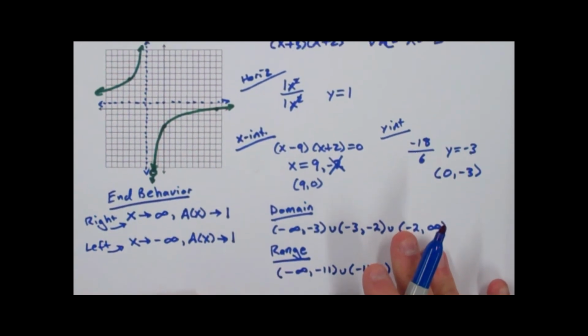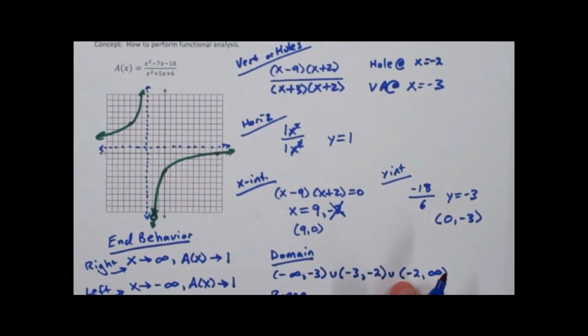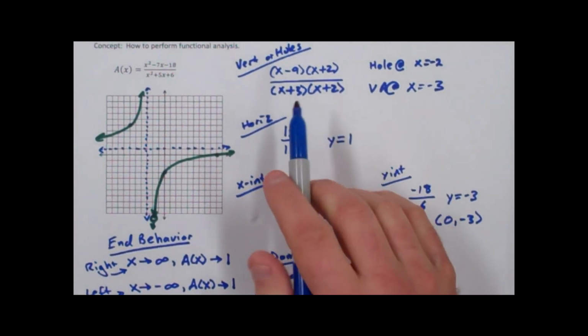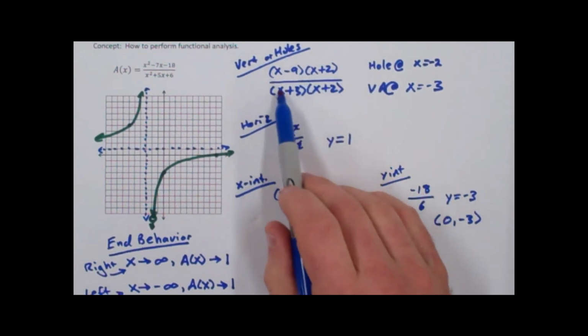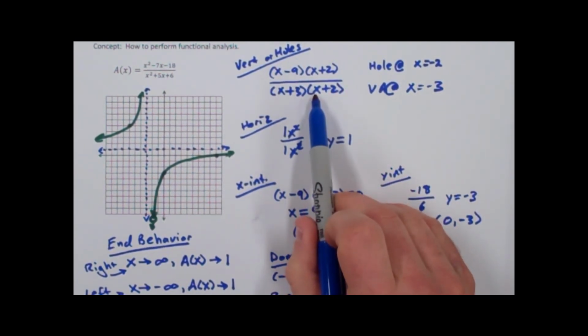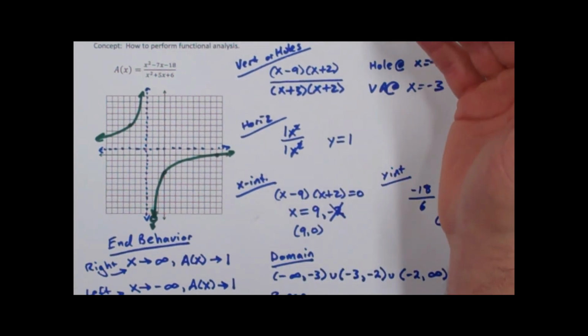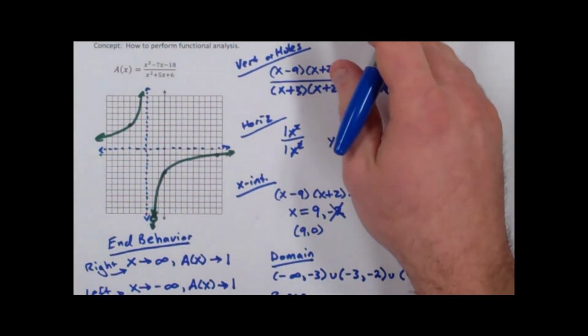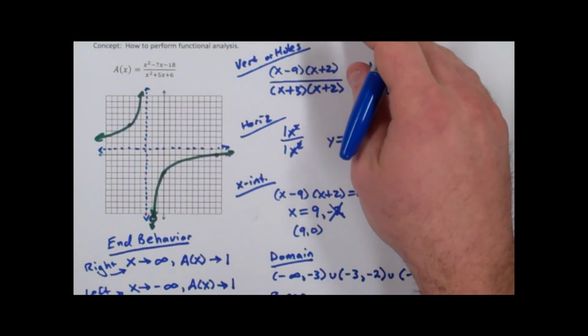If you're thinking about some of your limit work, and if you've done some algebra with your limits, we can also look at this factored form, and we can take a look at what would happen when x plus 2 got canceled out and we substituted in that value x, which is -2.